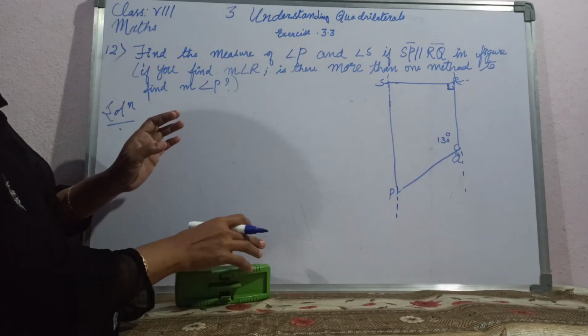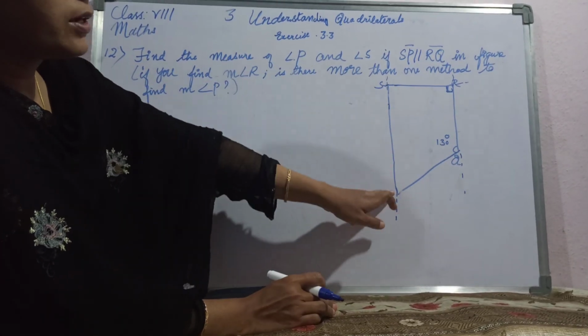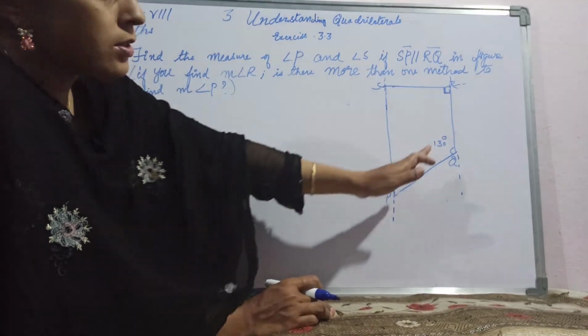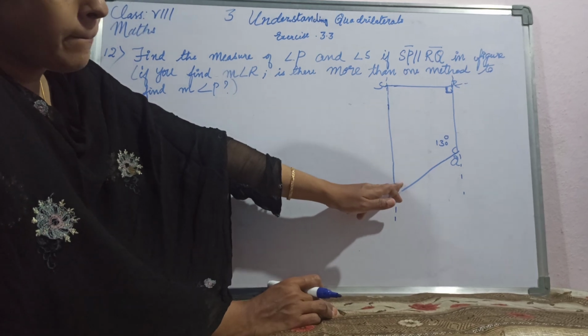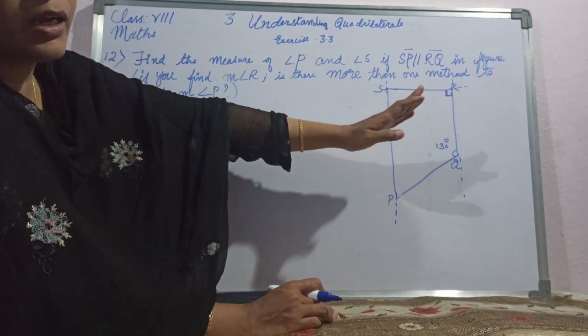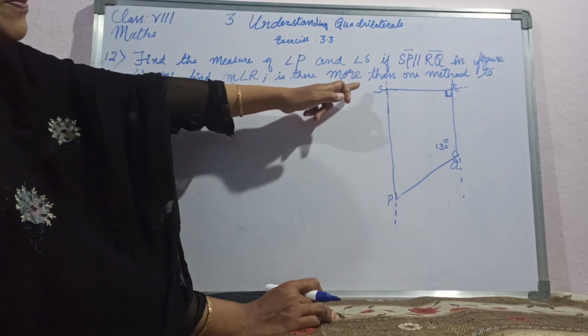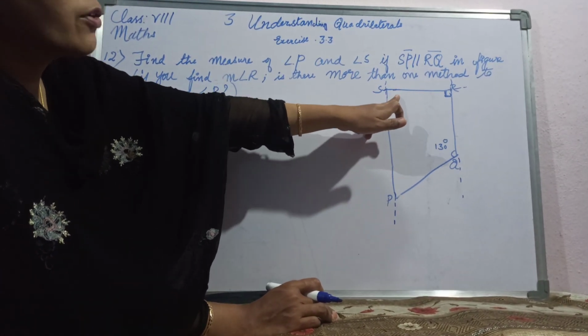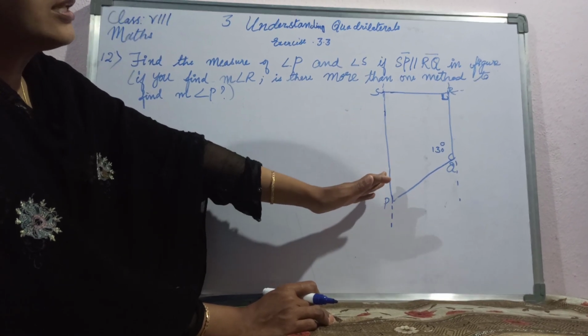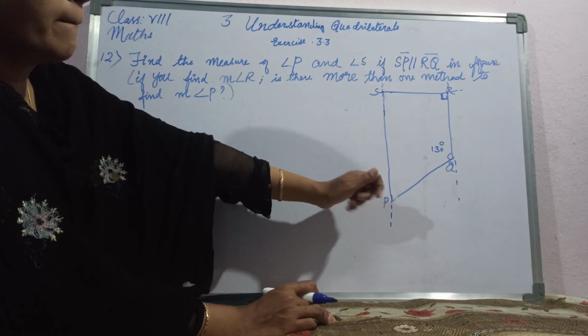We found it by taking SP and RQ as the parallel lines and this as the transversal, and we found measure of angle P in the same way. Taking SP and RQ as the parallel lines and this as the transversal, we found measure of angle S. Now we are asked to find measure of angle P with the other method.